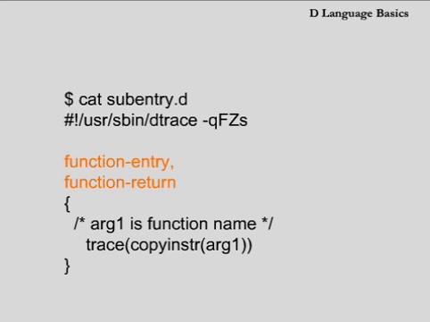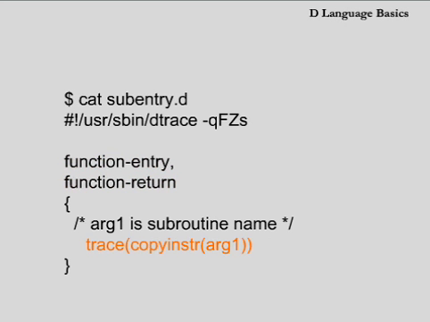So you can see here in this particular slide that function entry and function return are highlighted with yellow and orange. And what those do is, every time Python enters and returns from a function, it causes the braced clause here to execute. So every time a function is entered or returned in a Python application, the action that takes place there is this one: trace, copy, and stir arg1.